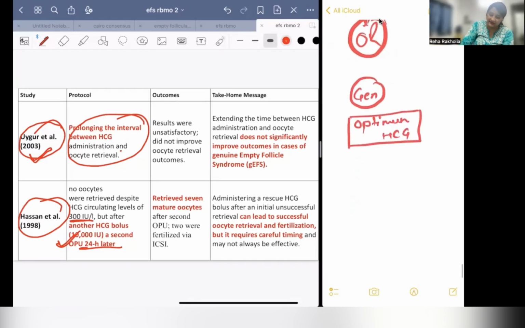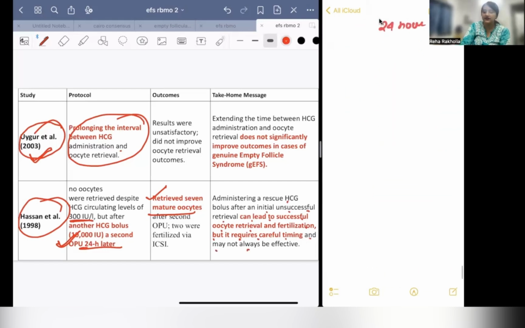So another HCG bolus of 10,000 international units was given, and OPU was done 24 hours later. They retrieved 7 mature oocytes. So administering a rescue HCG bolus after an initial unsuccessful retrieval can lead to successful oocyte retrieval and fertilization, but it requires careful timing and may not always be effective. Even in genuine empty follicular syndrome, we can use rescue HCG doses.